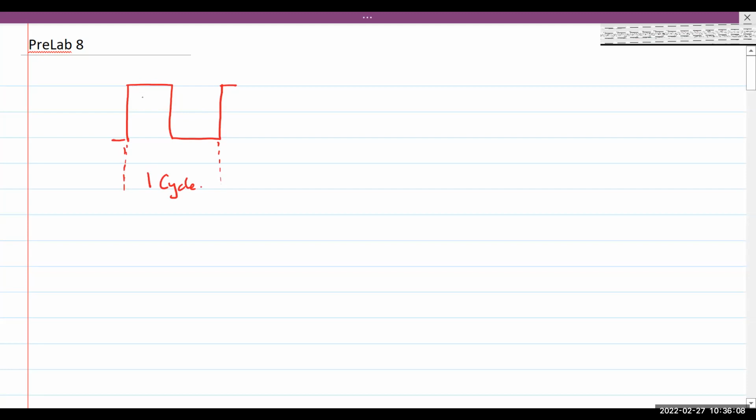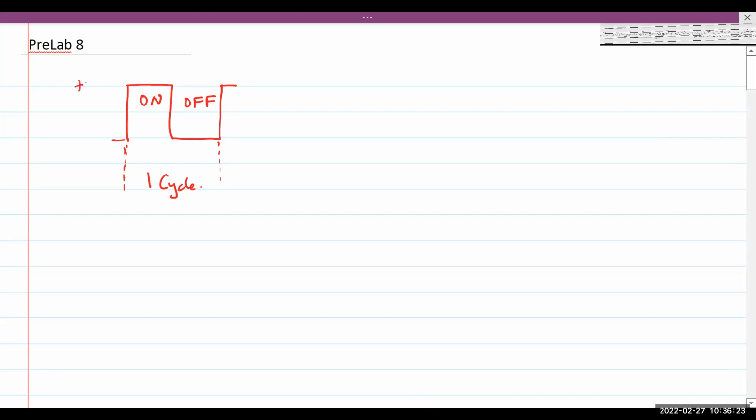But in the case of this rectangular digital pulse, we term this as on and this as off. So this one cycle is divided into two parts, on and off.